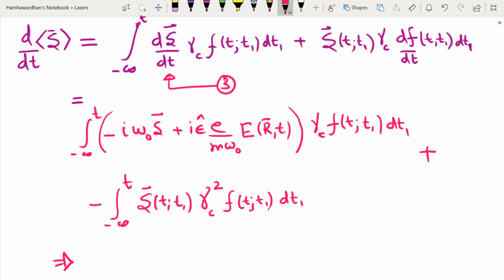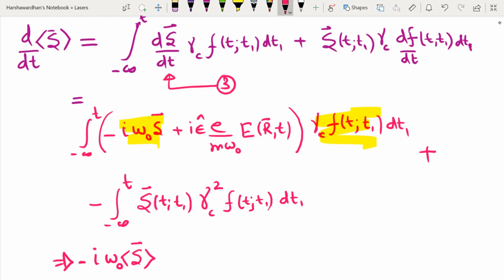So look at the first term. I'm simply averaging over that. So if I perform the integral, the first term is going to be minus i omega naught S average, correct?